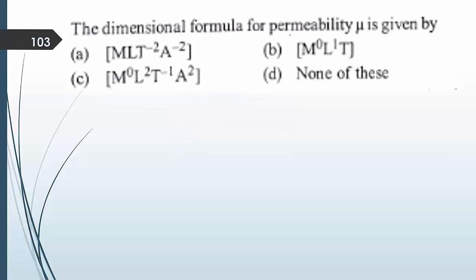The dimensional formula for permeability mu is given by. Permeability is denoted by mu. We have the equation B = mu I / 2 pi A. This equation is called Biot-Savart's law.